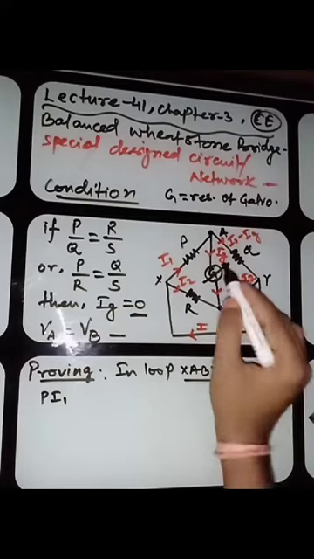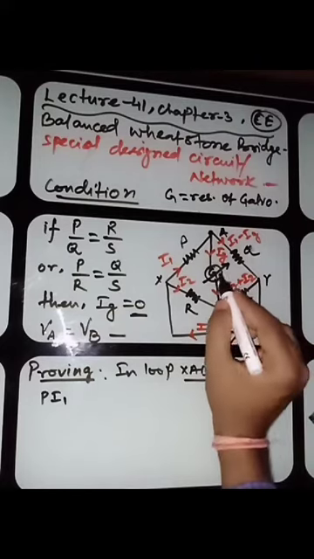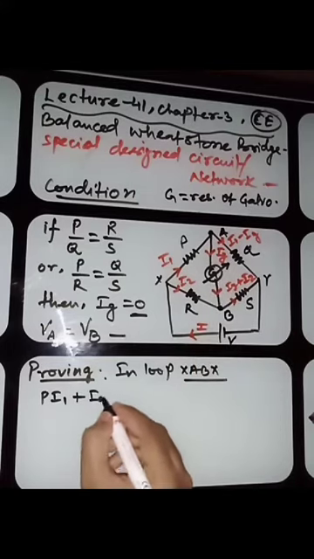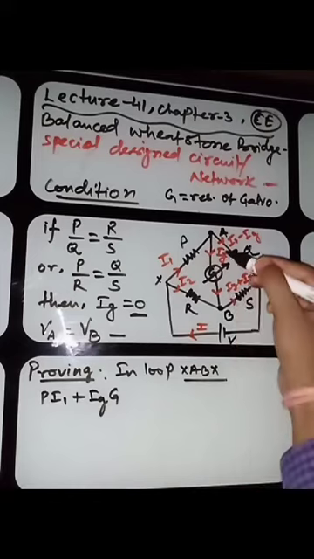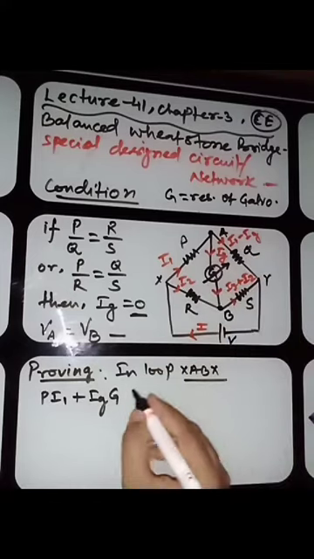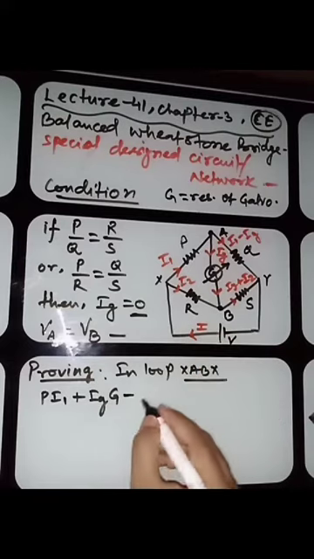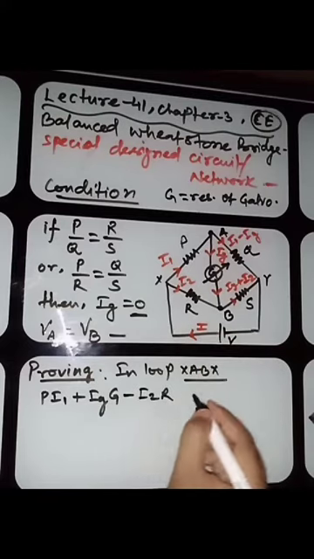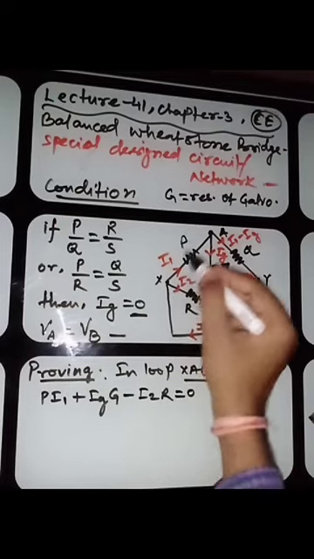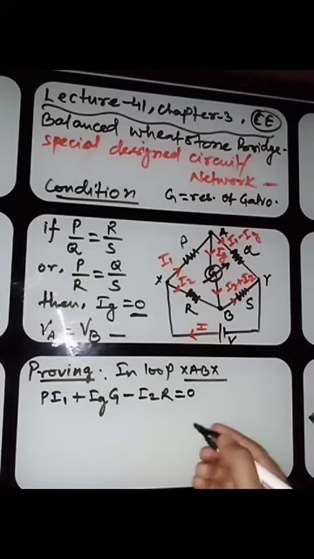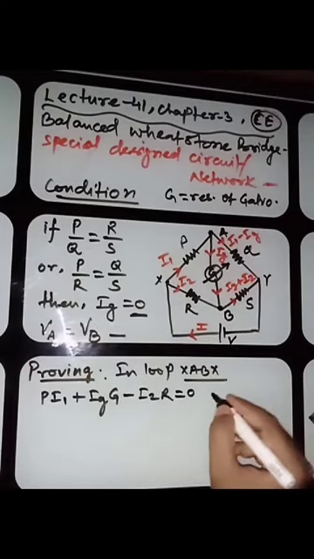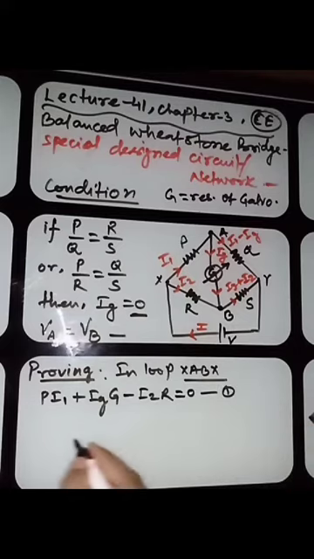So here the voltage will be IG times G plus IG into Z. Why? We are going with the direction of current. Now we have to move across this one and it will be minus I2R, I2R equals 0. We start moving from this point and reach this point. You can also simplify this one, or we simplify it in the second step.